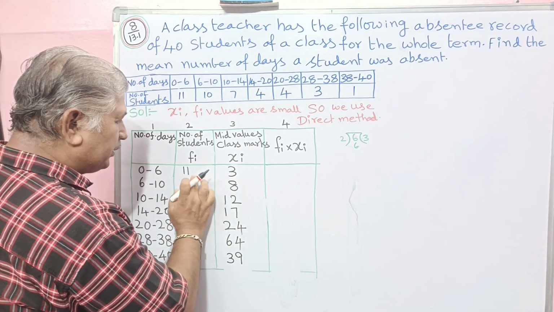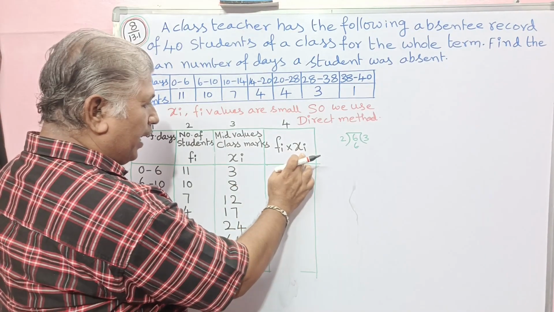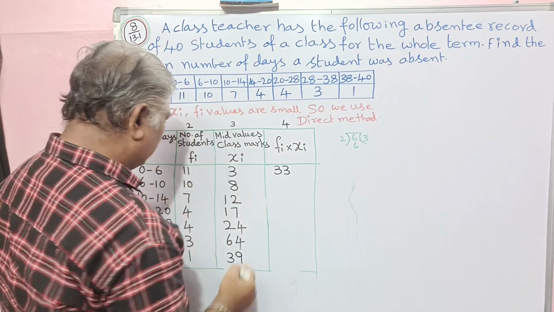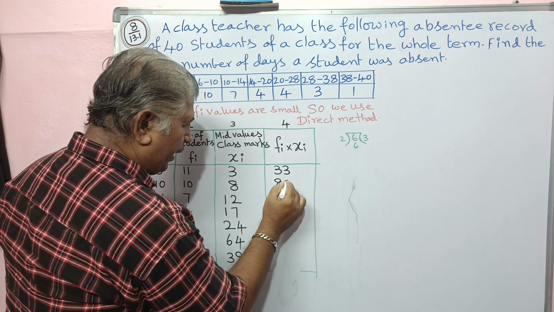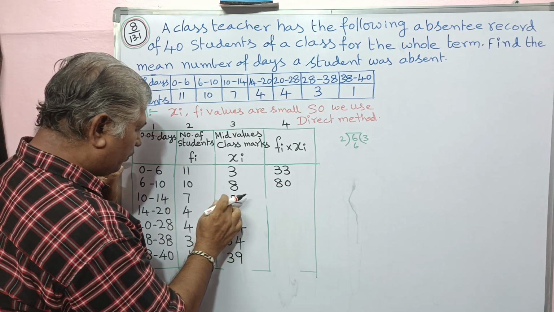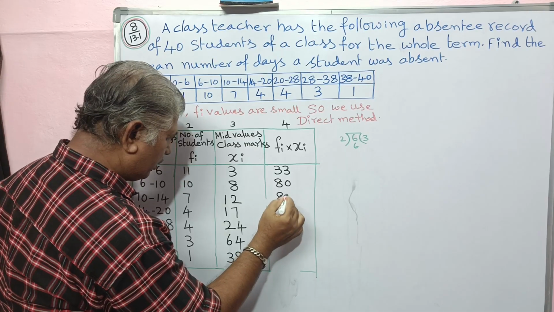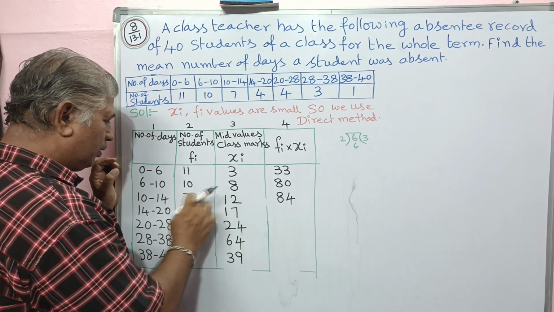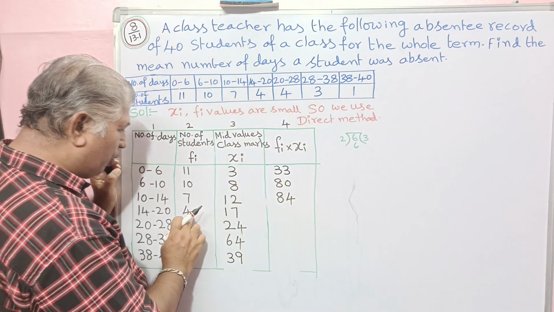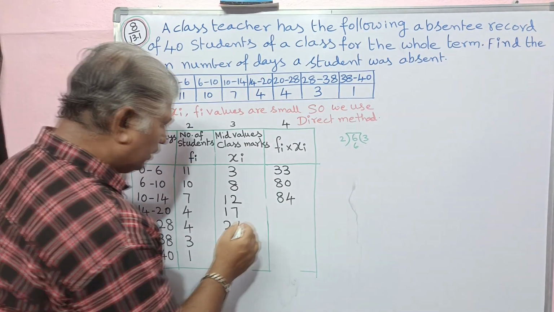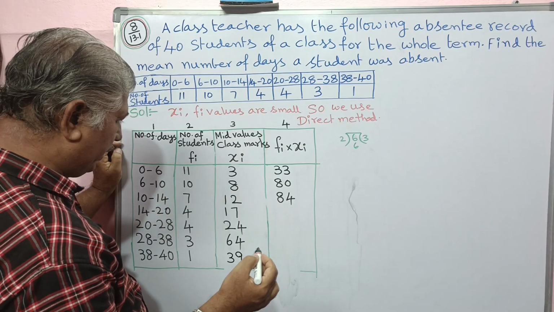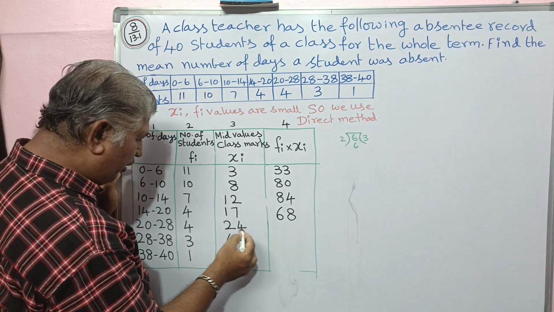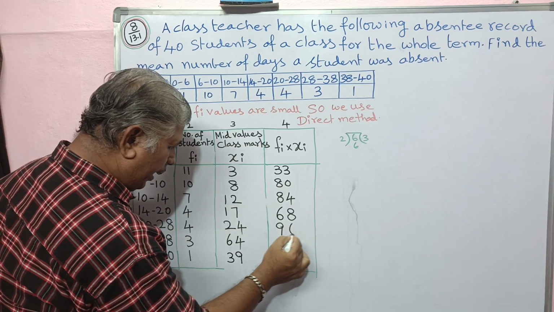Now we have to multiply these two values to find the fi into xi values. 11 into 3 is 33. 10 into 8 is 80. 7 into 12 is 84. 17 into 4 is 68. 24 into 4 is 96.